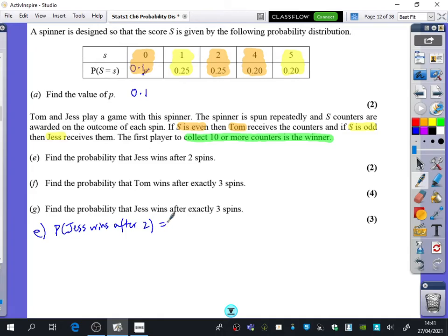Yep? It does count as even, yes, although it won't matter in this game because 0 doesn't give you any counters anyway, but 0 is an even number. So it would be 0.2 times 0.2, which is 0.04. So she's only got a 4% chance of winning it in 2 goes.